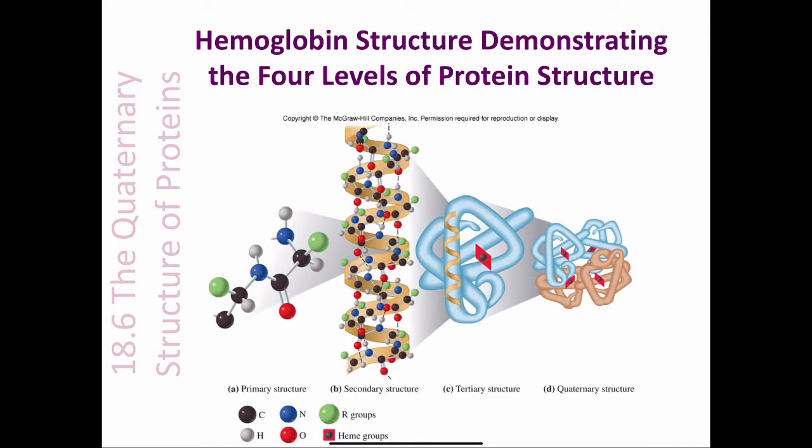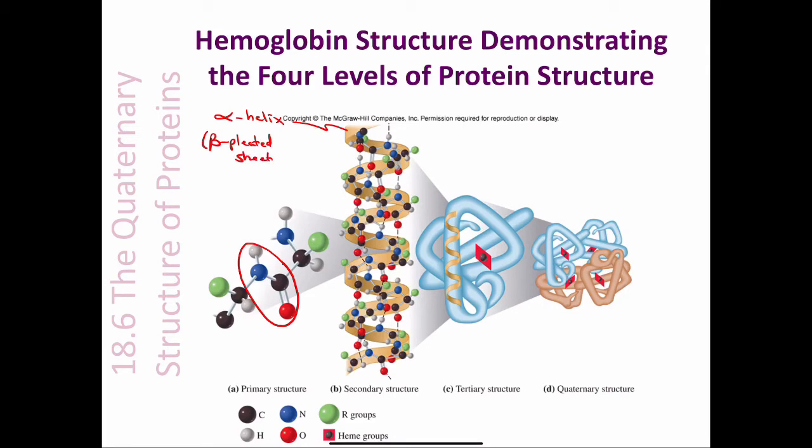This slide simply summarizes primary, secondary, tertiary, and quaternary structure. So primary structure refers to simply the amide bond. So here's an amide bond, and when we have enough amino acids put together, we can get secondary structure. Now what's shown here is an alpha helix, but we also have beta pleated sheets as the other type of secondary structure.